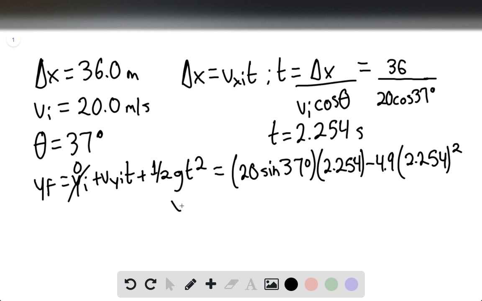And we find that y final equals 2.24 meters.